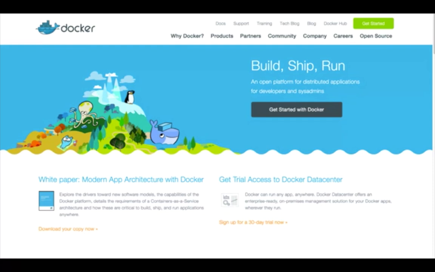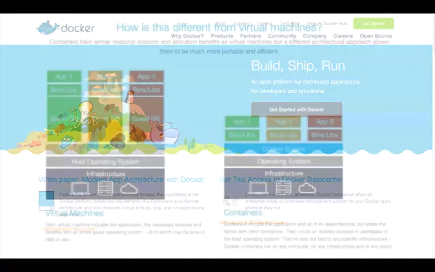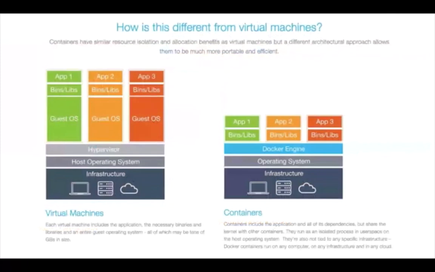I was going to make a diagram for this, but it seemed like an unnecessary thing to do because one already exists, right at the top of Docker's homepage, in the "what is Docker" section. This is essentially illustrating the point I was just making. On the left, you can see the guest OS blocks.